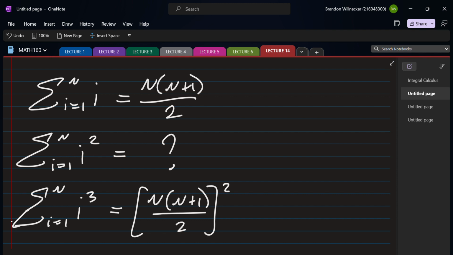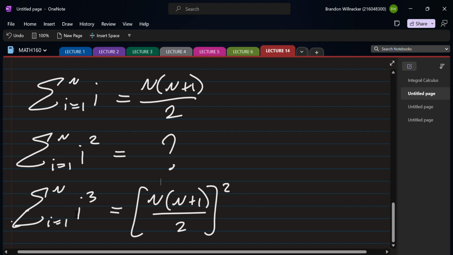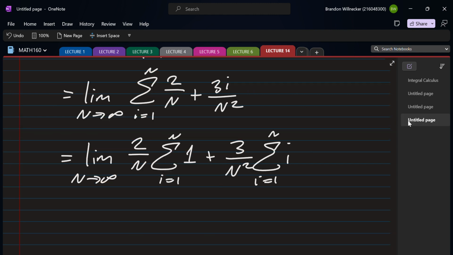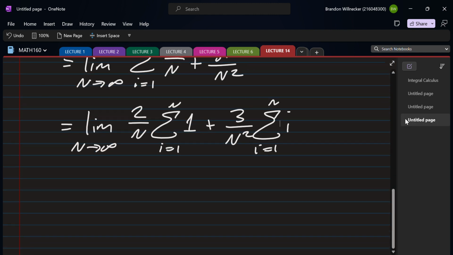If I just write it down and you write it down without thinking, you forget it in an hour. If you have to look it up yourself, there's a better chance that you remember it. We will only go up to r cubed. You don't need to know r to the 4 or anything like that. But the sum of i, that's n(n + 1) over 2. So we can make that replacement there.